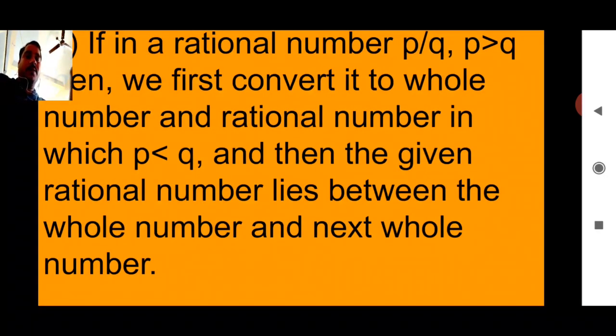Next one, if in a rational number p by q, p is greater than q, then we first convert it into a whole number and a rational number in which p is less than q, and then the given rational number lies between that whole number and the next whole number.